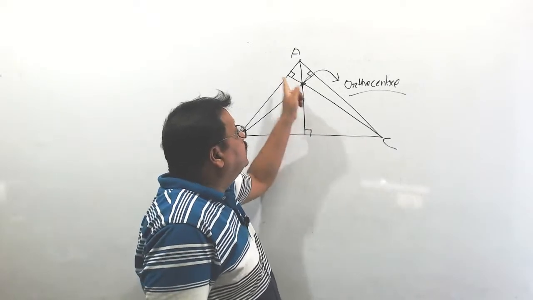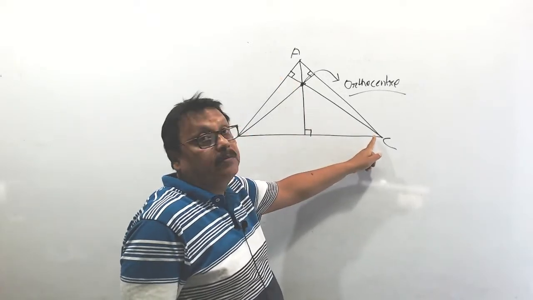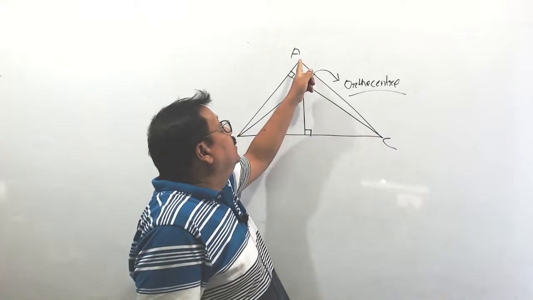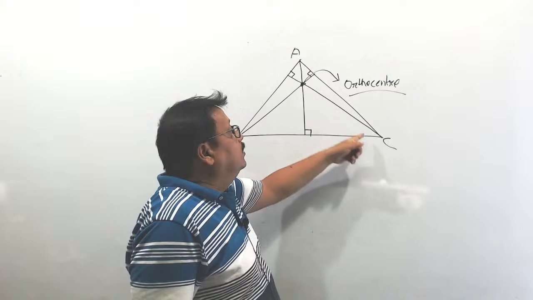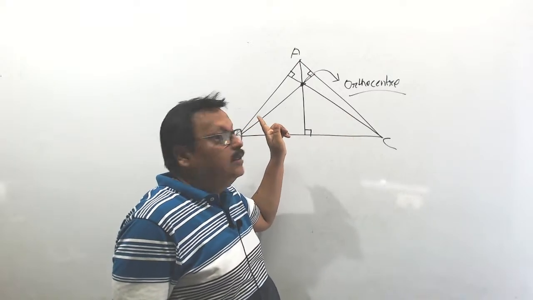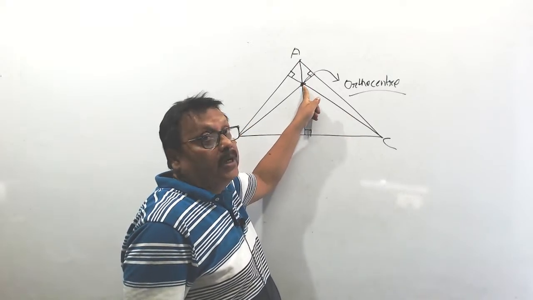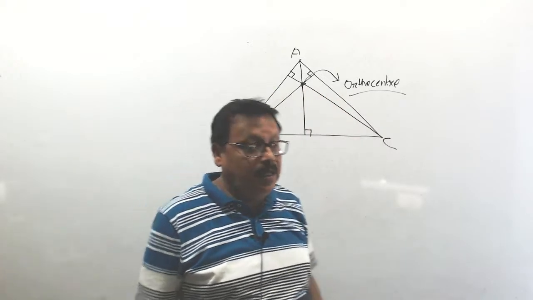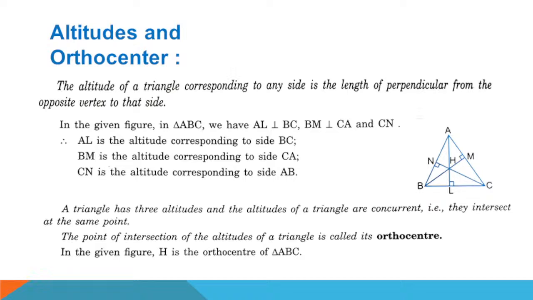When you draw 3 perpendiculars from 3 vertices upon 3 sides, then the point of concurrence is called the orthocenter. Right? So again, I want to show you this orthocenter through an animation.